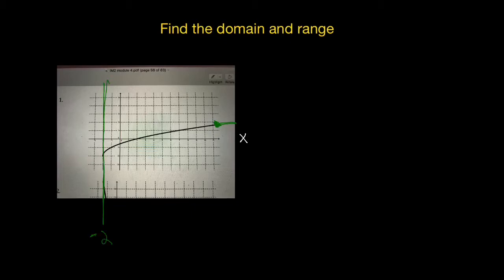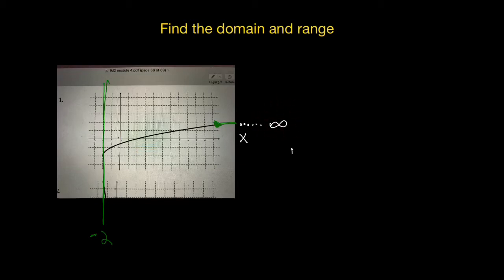And then on the right-hand side, since we have an arrow, this graph just keeps extending. So we can see that the x values are going towards positive infinity. So for any general x that's within these boundaries, it's going to get squeezed by -2 from below, and it's going to be squeezed by infinity from above.